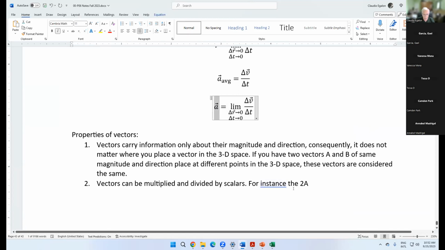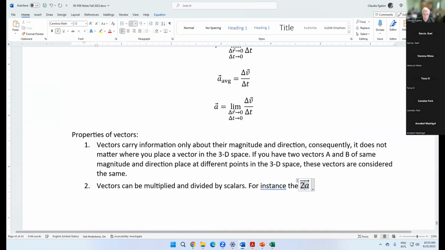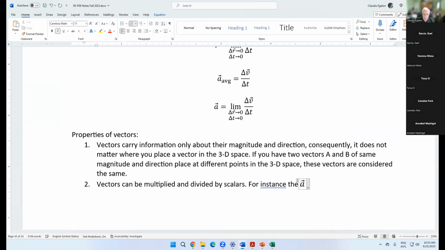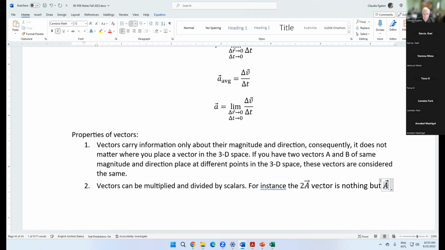For instance, the 2A vector is nothing but A plus A vector. Okay?